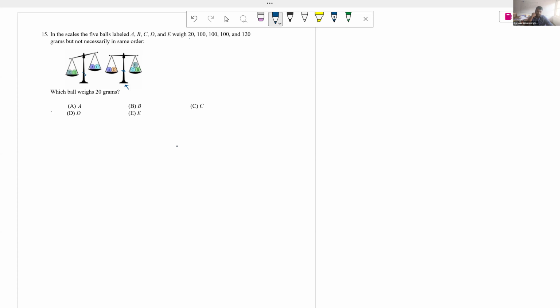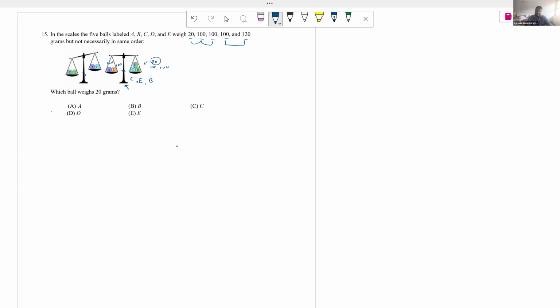You have 20, 100, 100, 100, 120. So if you pair these up and then take these three, you should have here 20, 100, 100. And here it would be 120, 100. So the choices for the 20 ball are either C, E, or B.